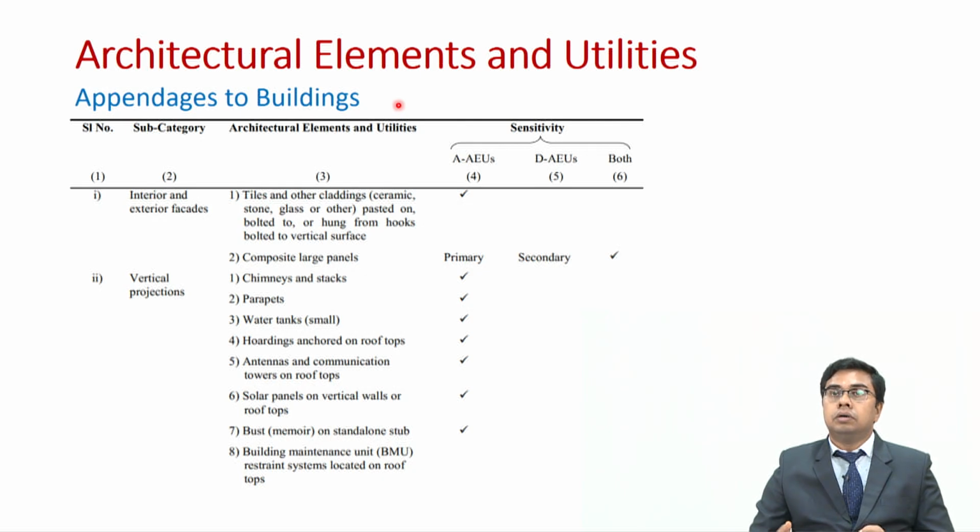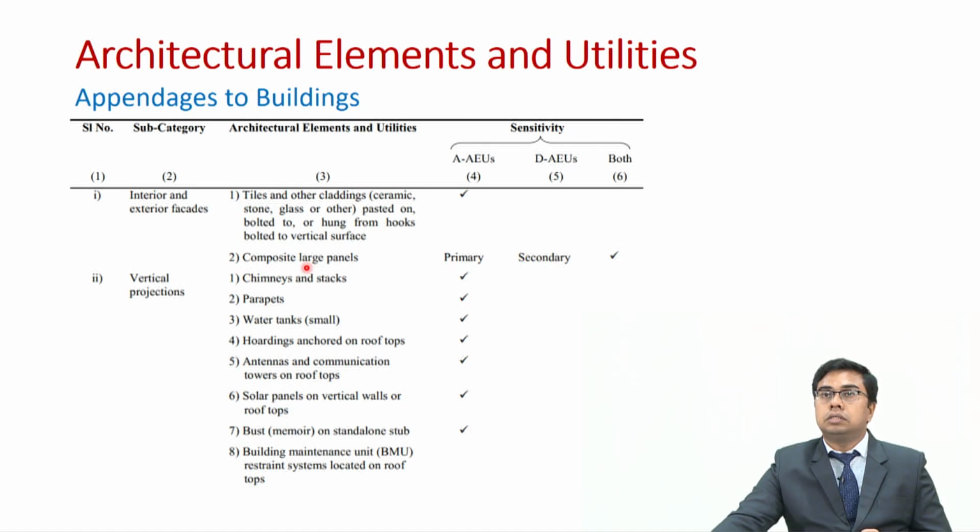Then you have composite large panels which can be classified as ADAEU, but again it depends upon the judgment of the engineer how to classify it. We have vertical projections such as chimneys and stacks, parapets, small water tanks, then hoardings anchored on rooftops, antennas and communication towers on rooftop.